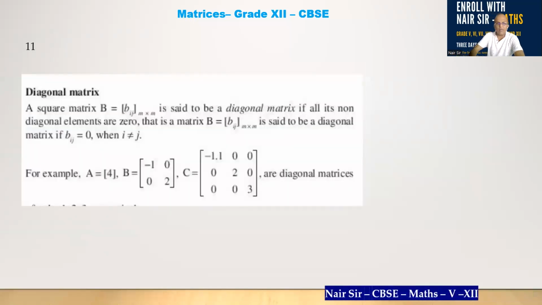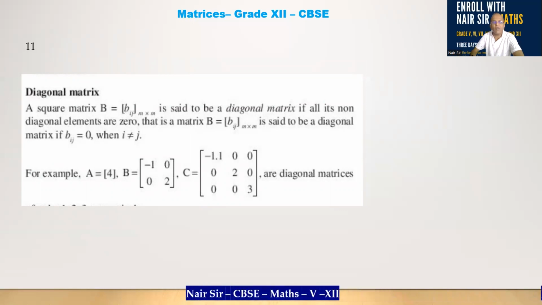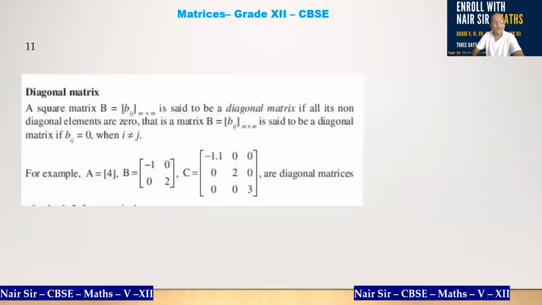Diagonal, look at this diagonal, the one I was talking about. See this? And can you see the other content? All the other elements are 0. All the elements, not the content, the elements. All the elements are 0. This is why it is called a diagonal matrix.